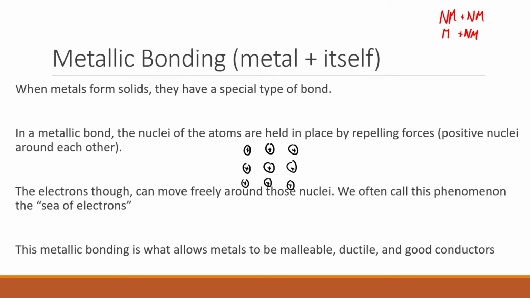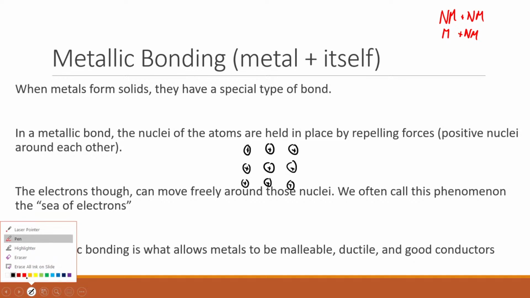This central nucleus cannot move in any direction without being repelled by another positive nucleus, right? Any direction you try to take this nucleus, there's another positive in the way that will keep it in its place. So they're stuck in this grid-like pattern.